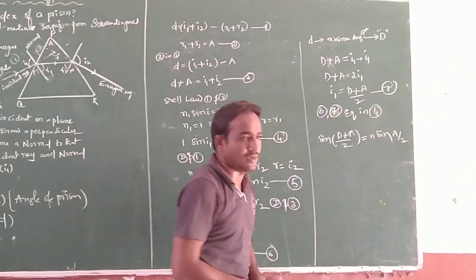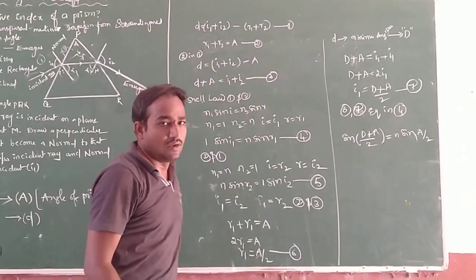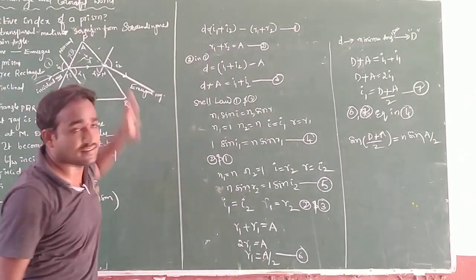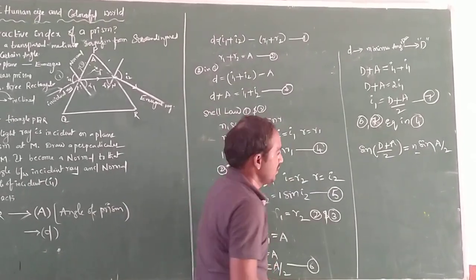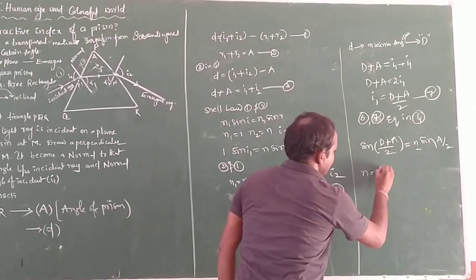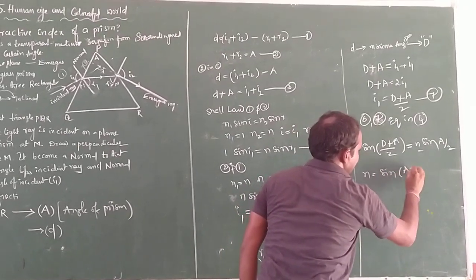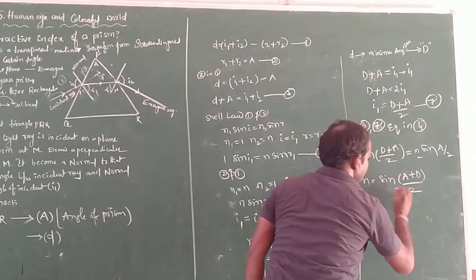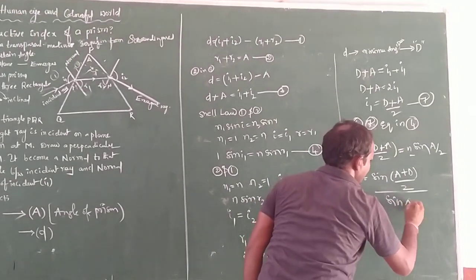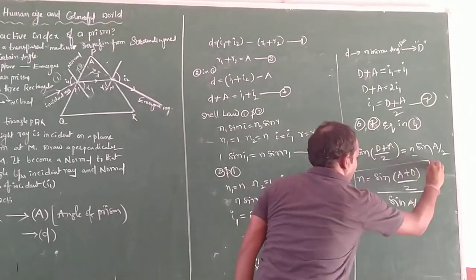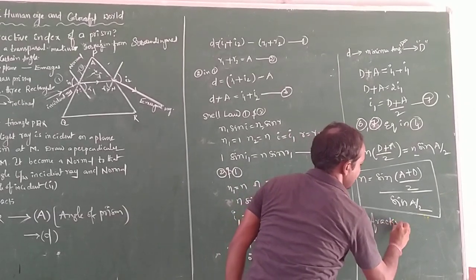From this we obtain the refractive index of the prism n. So n is equal to sin of A plus D by 2, divided by sin A by 2. This is the formula for the refractive index of the prism.